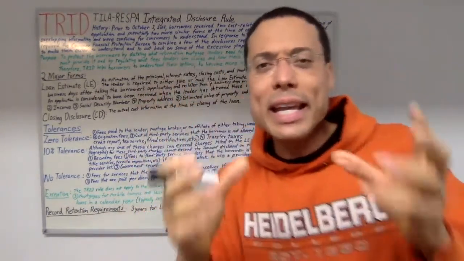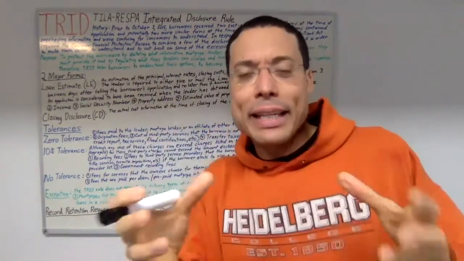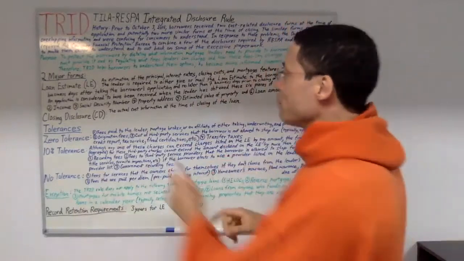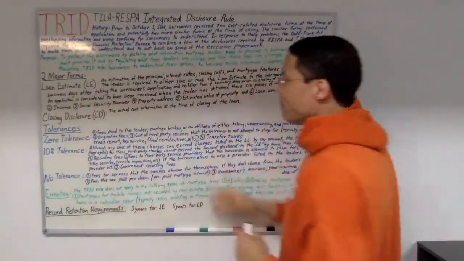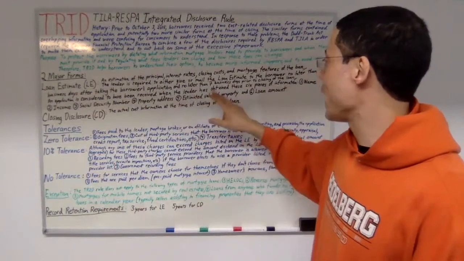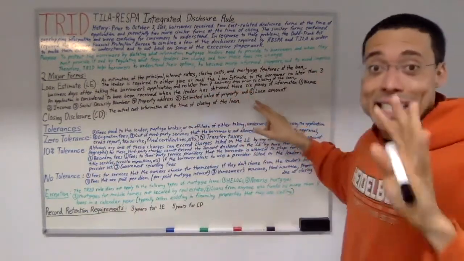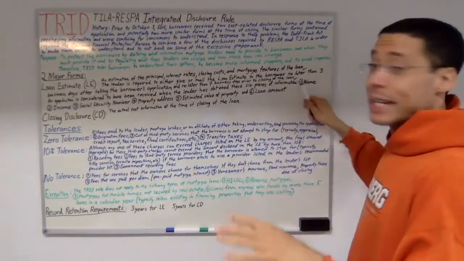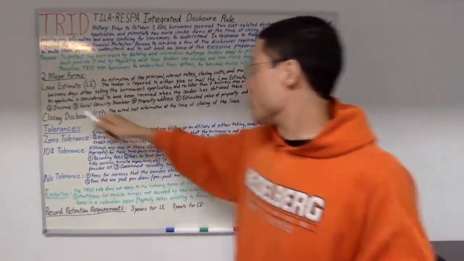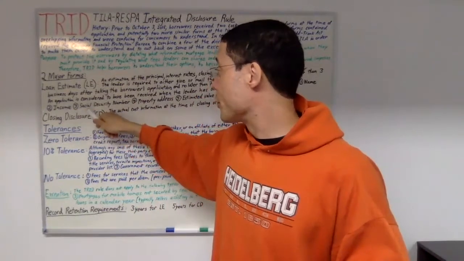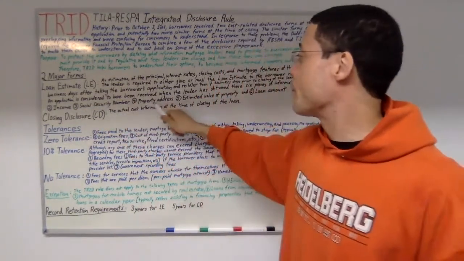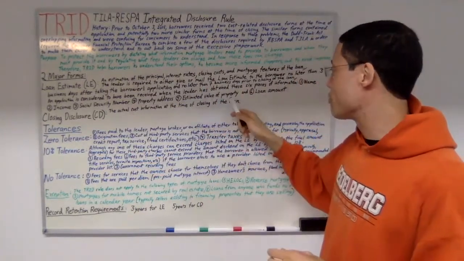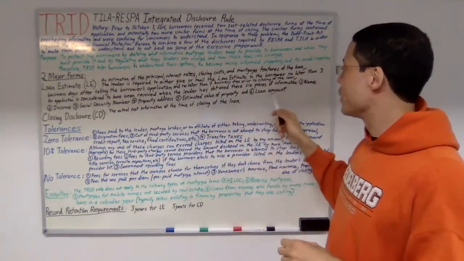So when exactly is an application considered to be received? Well, here's the thing. An application is considered to have been received when the lender has obtained these 6 pieces of information. Number 1, the name. Number 2, the income. Number 3, the social security number. Number 4, the property address. Number 5, the estimated value of property. And number 6, the loan amount.